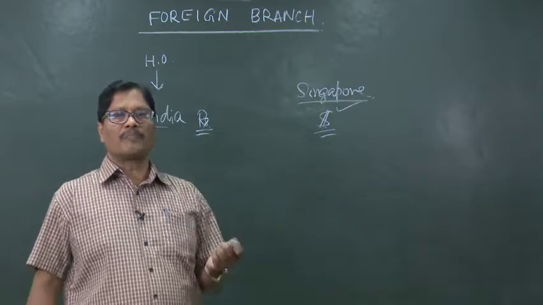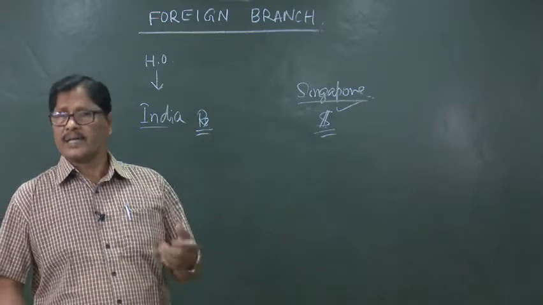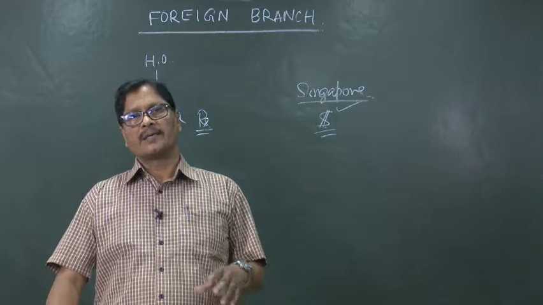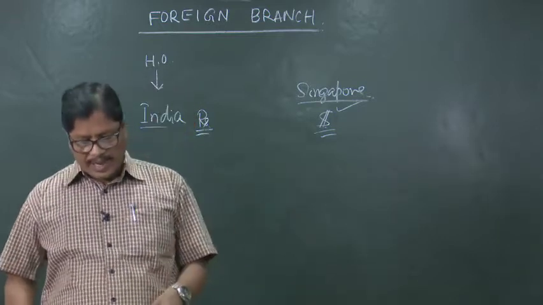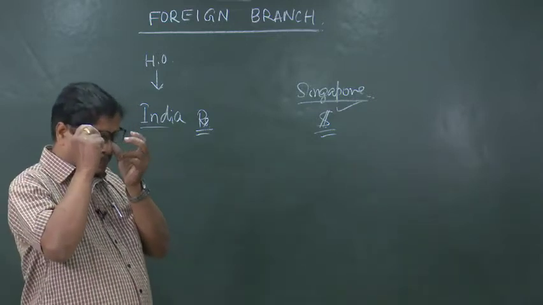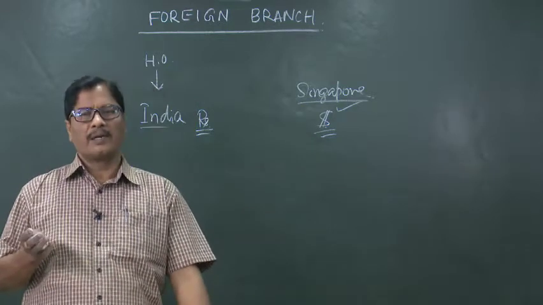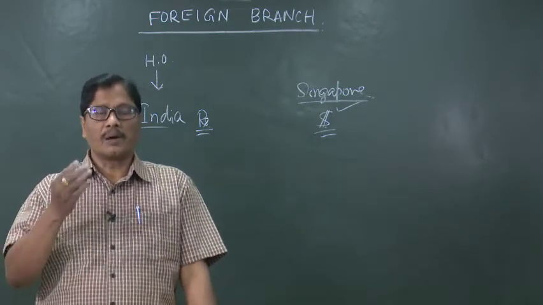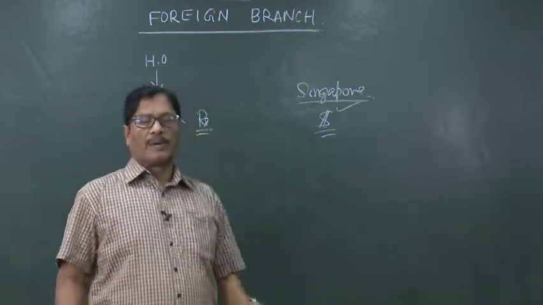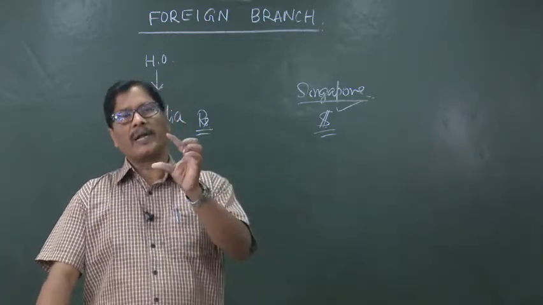If there is only one fixed exchange rate, then there would have been no difficulty. But because it has to be converted at different rates, there will be some differences. What will happen there? When the exchange rate becomes different, naturally the debit side and the credit side of the trial balance, although they agree according to the Singapore dollars, in India when expressed in terms of rupees, there will be a difference.